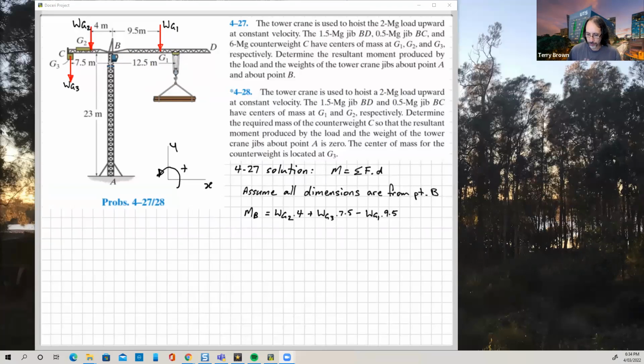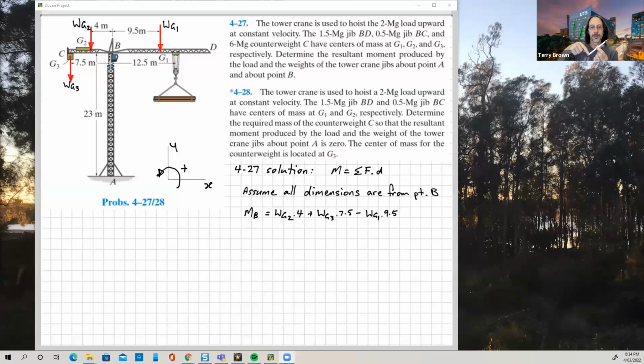So if you're not sure, what I suggest that you do is to get your pen or ruler and just pick it up and hold it at the point where you want to calculate moments about, and push down or up depending on what the force is doing. In our case, we've got all the forces pushing downwards on the beam or the crane.